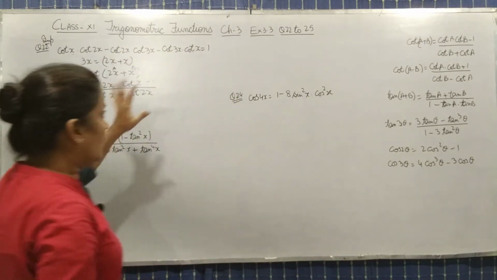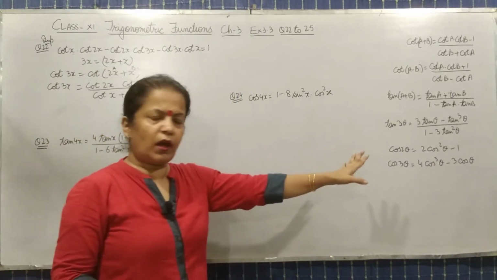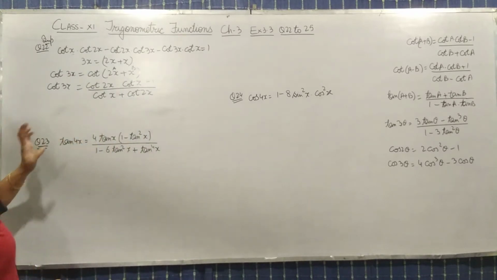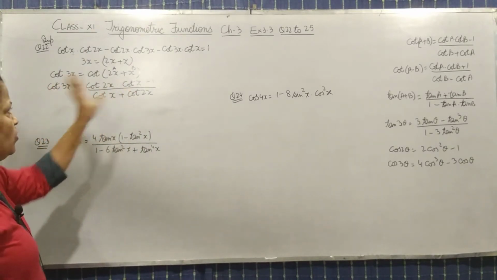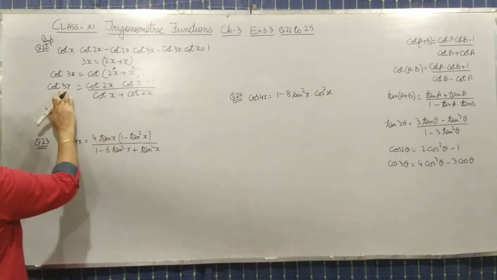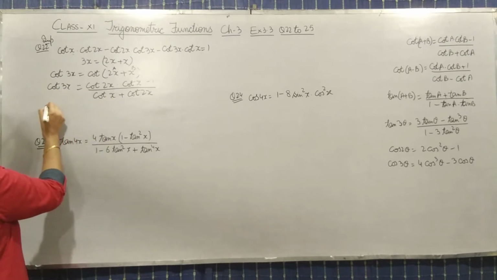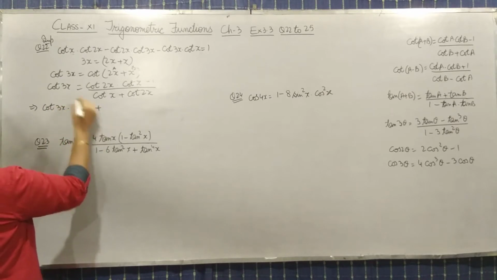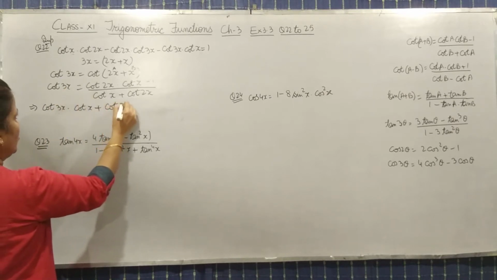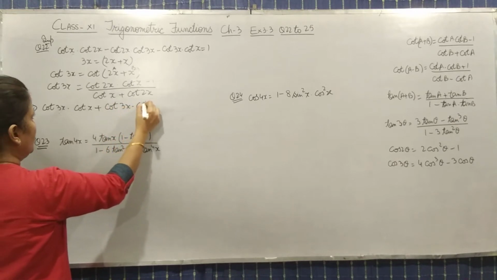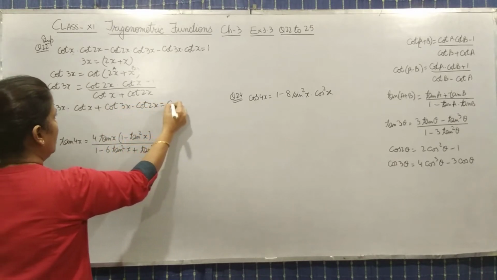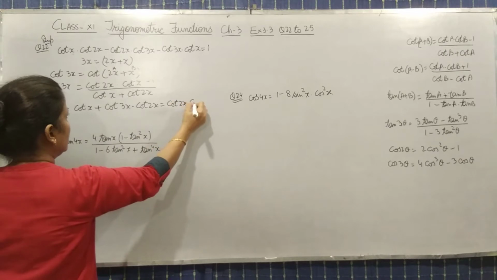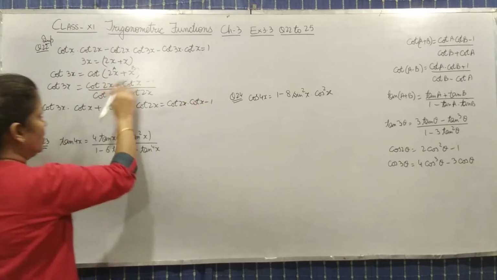You have to remember all the identities and be very careful. Now do the cross multiplication. Multiply this with this, so you will get cot 3x cot x plus cot 3x cot 2x equals cot 2x cot x minus 1.